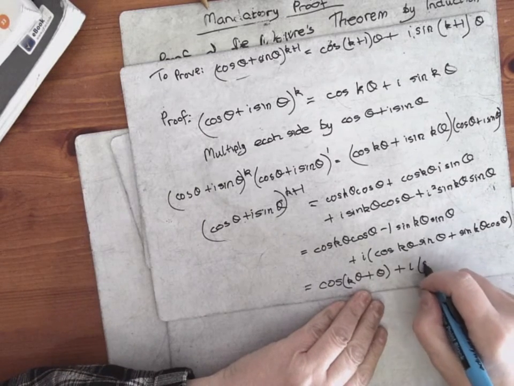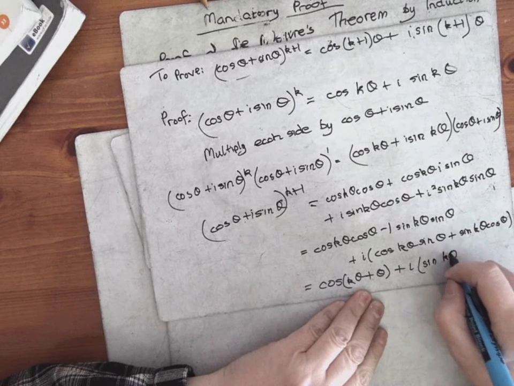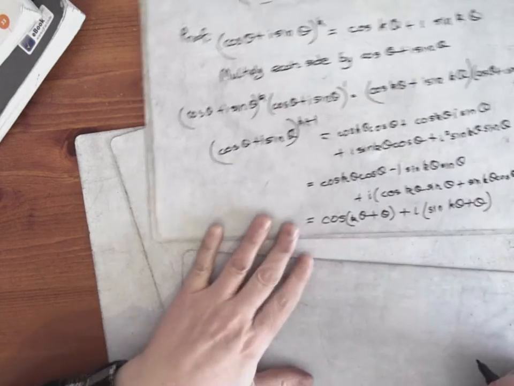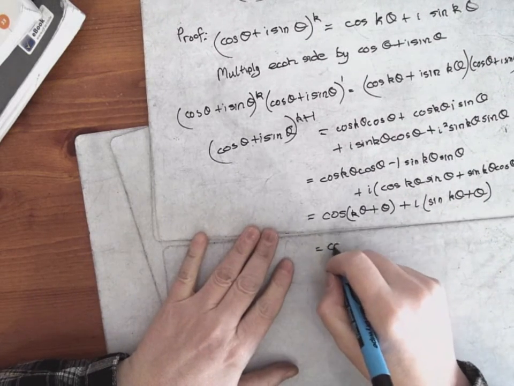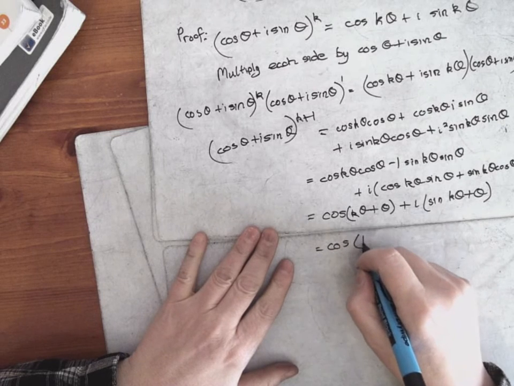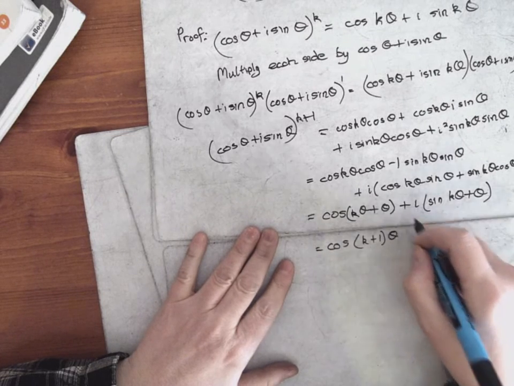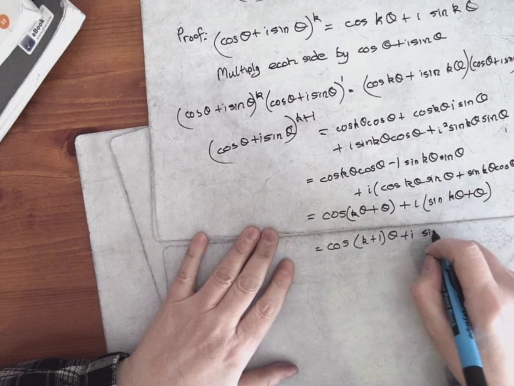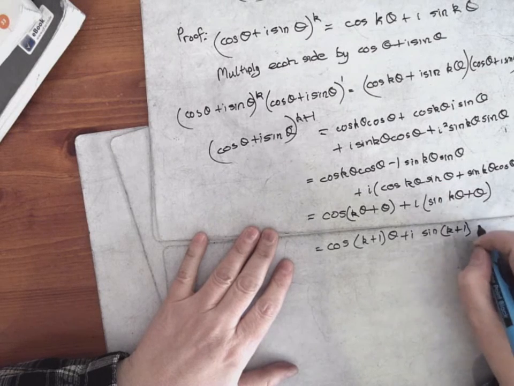So sine of A is k theta and B is theta. That's equal to cos of k plus 1 theta, just taking the theta outside the bracket, plus i sine, taking the theta outside the bracket, k plus 1 theta.